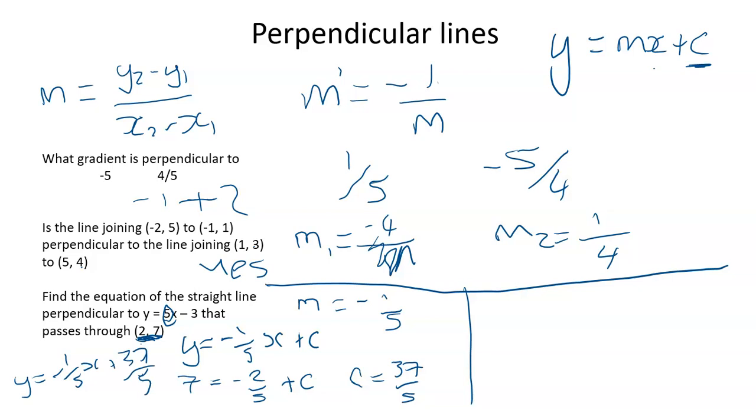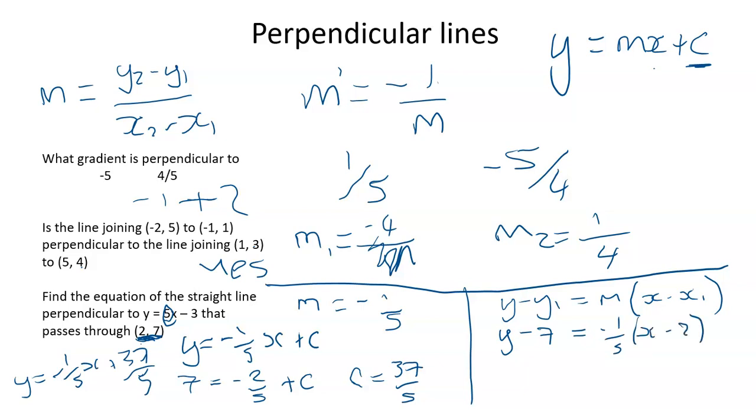The other way to do it, if you don't like that sort of solving, is to remember the formula y minus y1 equals m bracket x minus x1. You can use this if you know the gradient and you know a coordinate, you just substitute everything in and rearrange it. So y minus 7 equals minus 1/5 times x minus 2.